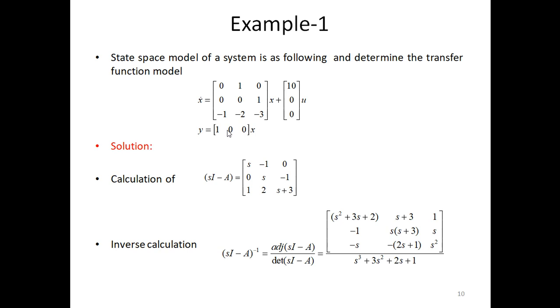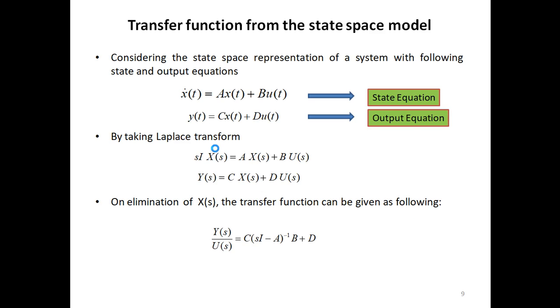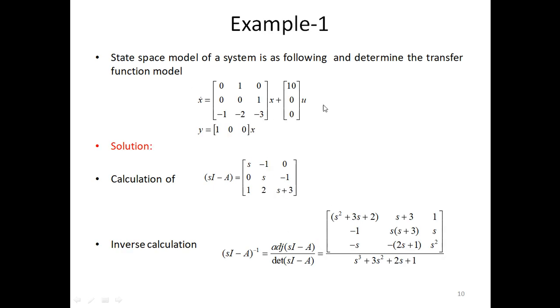For the solution, as defined in the previous slide, the transfer function can be solved by calculating C into (sI minus A) inverse B plus D. In this problem, D is not present. Only system matrices A, B and C are present, and D is not there, so D can be considered as 0.